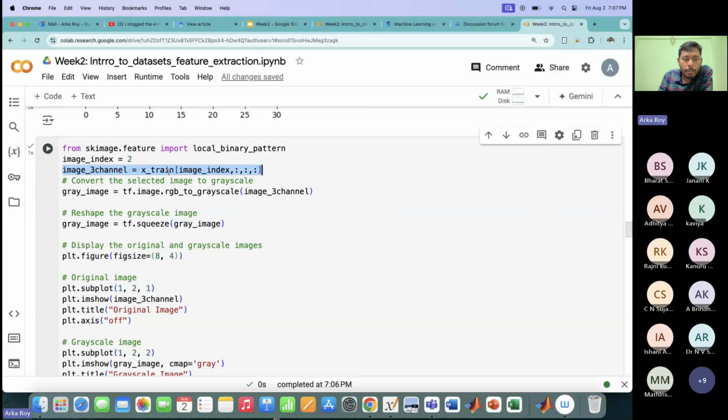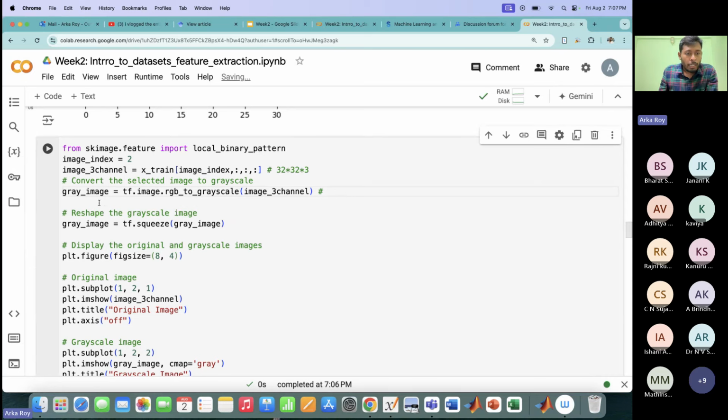From the train image set, I am extracting the index 2 image. This is 3-channel. Then I have to convert this 3-channel image into a grayscale image. Over here the shape is 32 star 32 star 3.